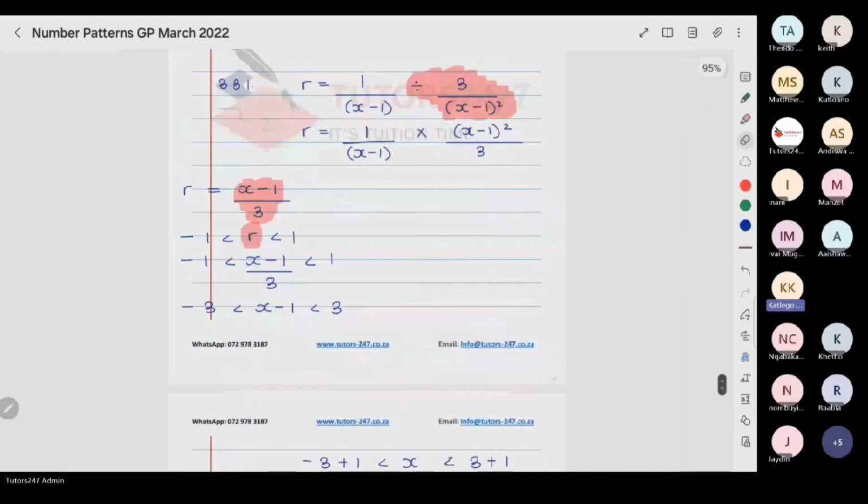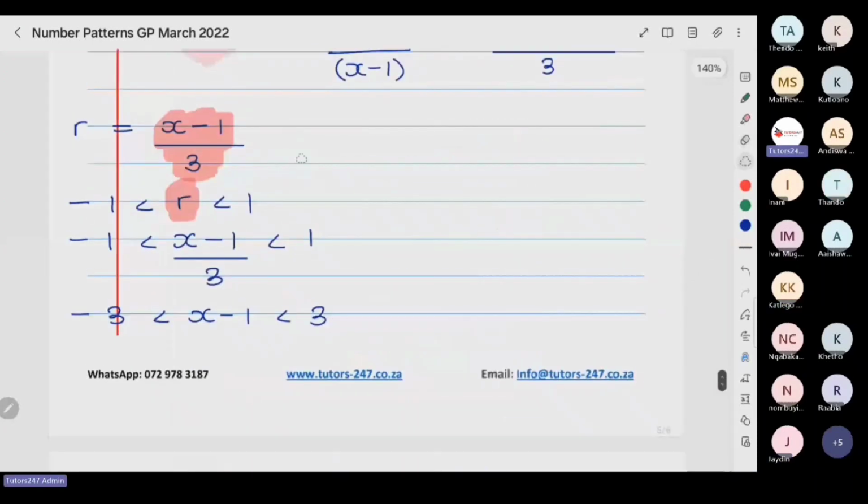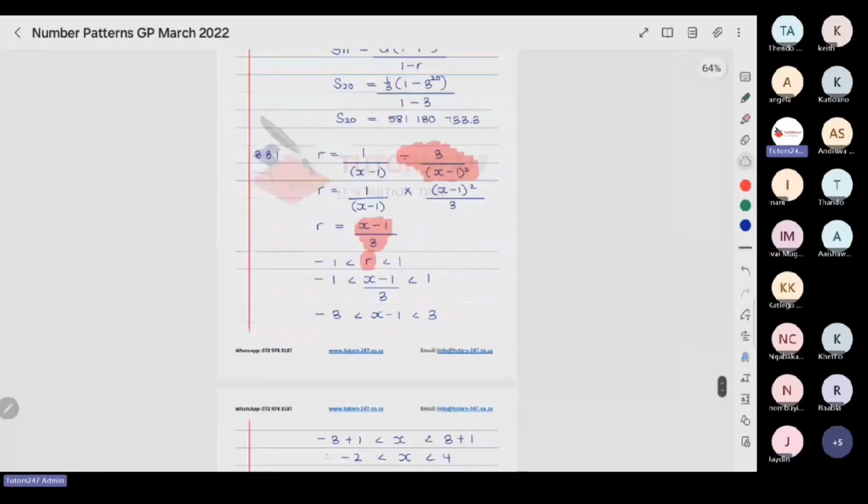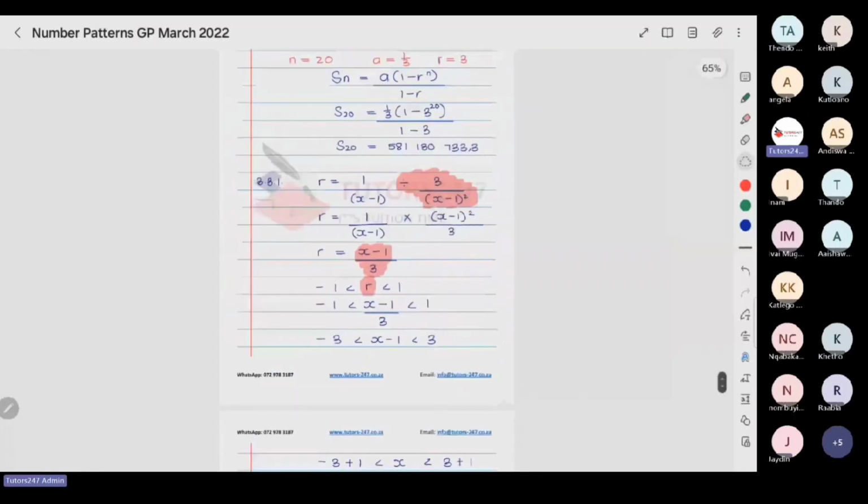Please take note that another way of asking this is they sometimes state "show that this is a convergent geometric sequence" or "prove that it is a convergent geometric sequence." That's something I've seen quite a few times.